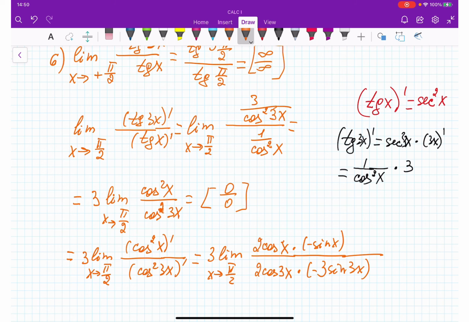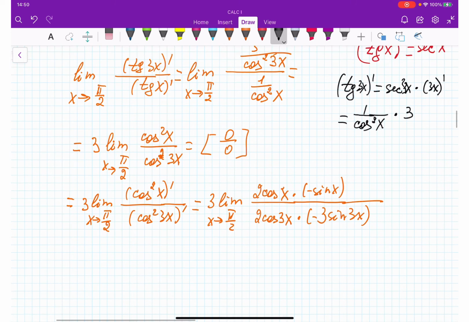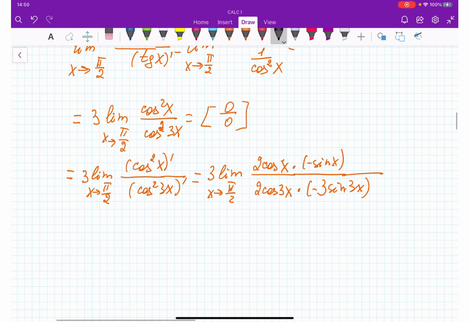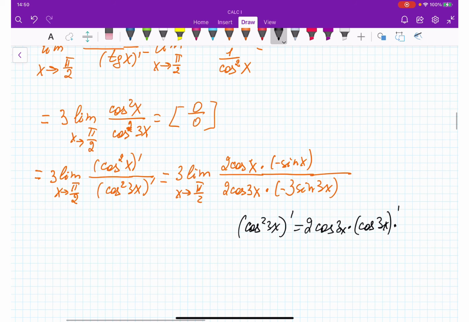We got it? Let me write down here in detail just in case, to do some drafting. Let me clean this drafting here. So the derivative of cosine squared 3x is equal to 2 cosine 3x times the derivative of cosine 3x times the derivative of 3x.